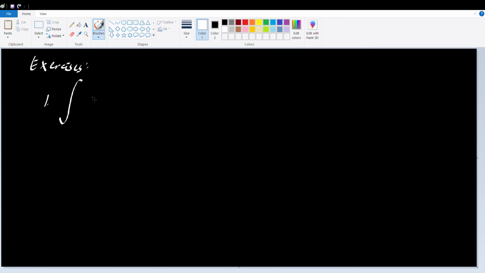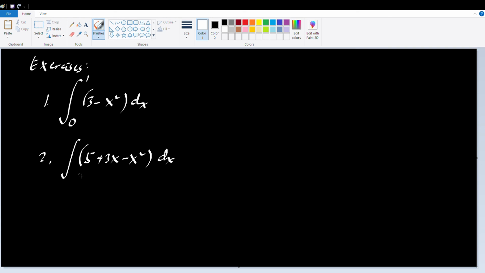You can evaluate the integral of 3 minus x squared dx from 0 to 1, and the integral of 5 plus 3x minus x squared dx from 2 to 3. So you can choose any c sub i. Any c sub i. Okay?